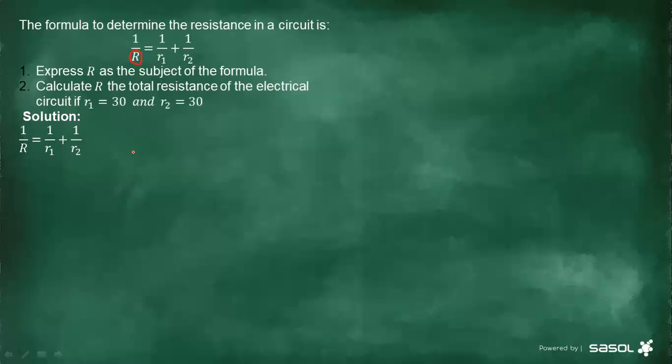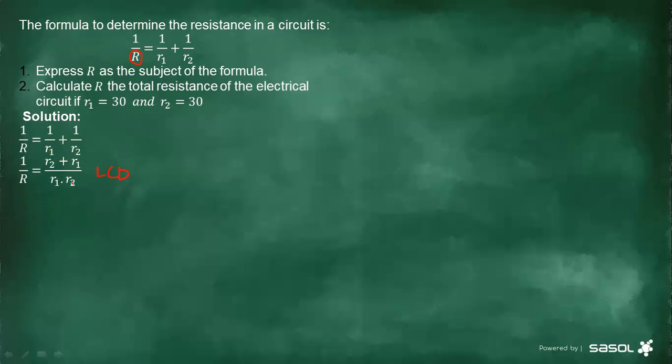Now first we have this, then what is going to happen here? On the right hand side we are going to look for the LCD, which is R1 multiplied by R2. Then we have this R1 into this cancel, we are left with this one.